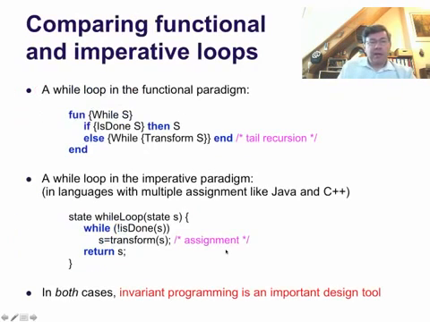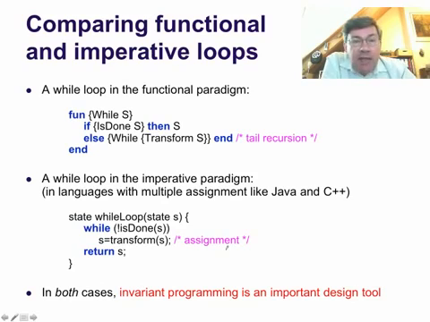Now let's make a small generalization. In the functional paradigm, what we have seen, we can schematize like this: a while function, which takes some state, has a condition for termination, is done, for example, part of it being equal to 0, and then it has a transformation of the state.